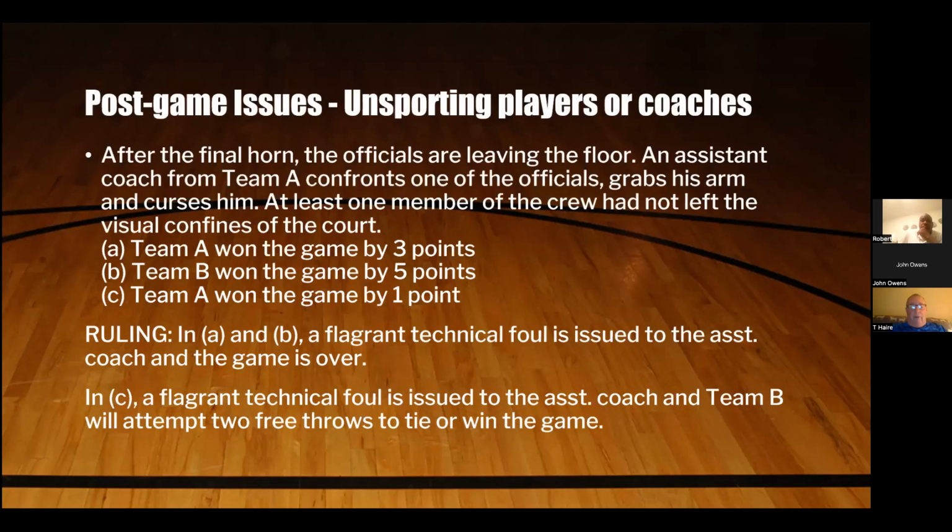So we don't shoot the free throws, but their assistant coach is still ejected from the game. In C, where Team A wins the game by 1 point, we're going to go back out there and get a Team B player and he's going to shoot 2 free throws. If he ties the game, we're going to overtime. And if he hits both free throws, then Team B is winning the game.